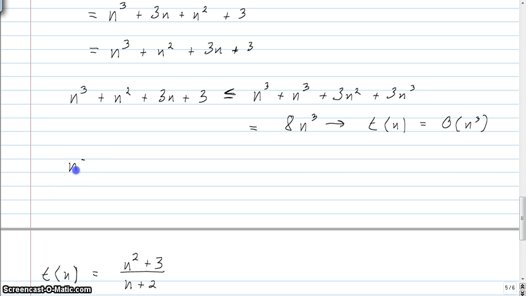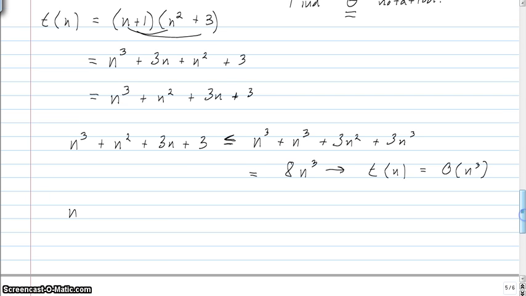Similarly to that first example, we can write that since all these terms are positive, if I just get rid of those, then what I would have done is made this side smaller.